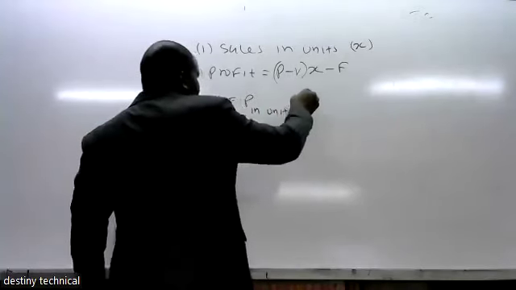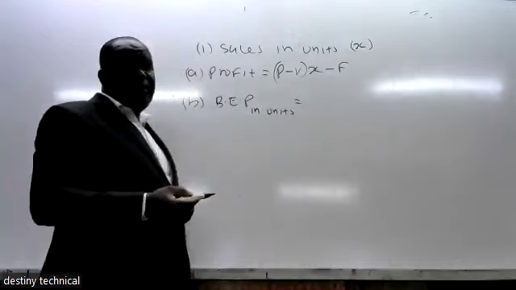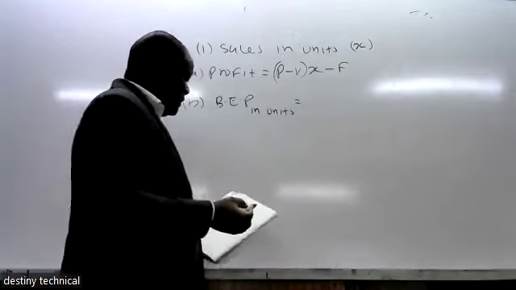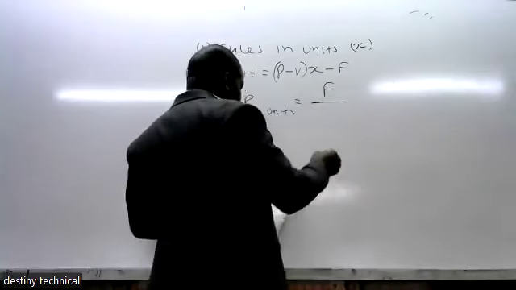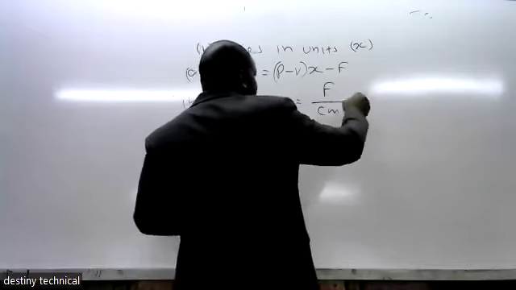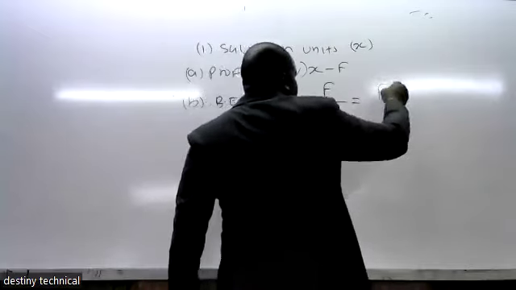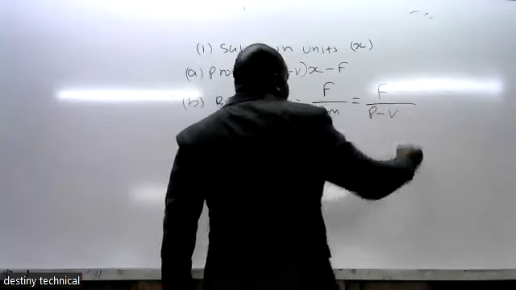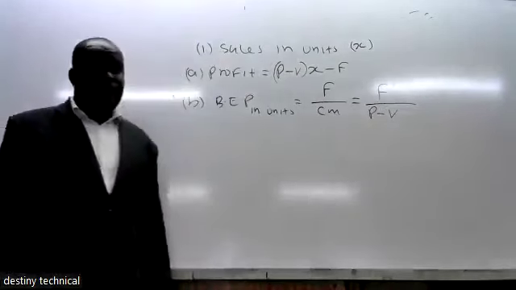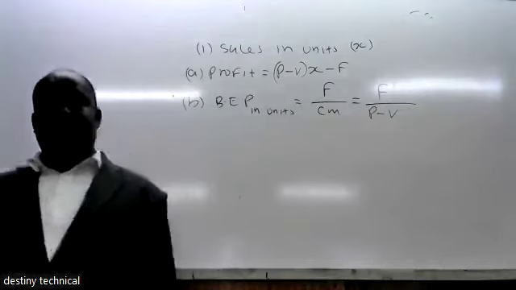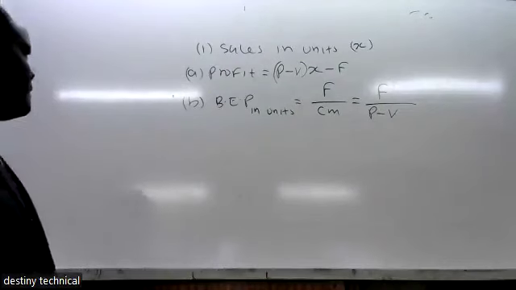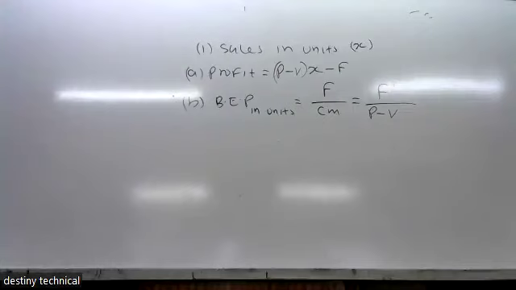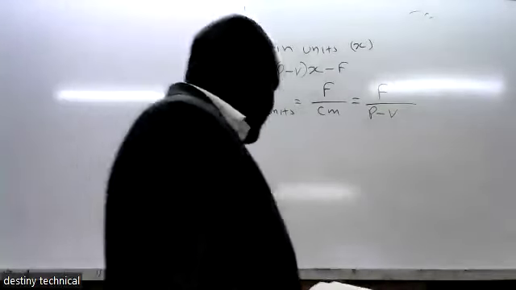The break-even point in units is given by F divided by the contribution margin, which is the same as F divided by P minus V.